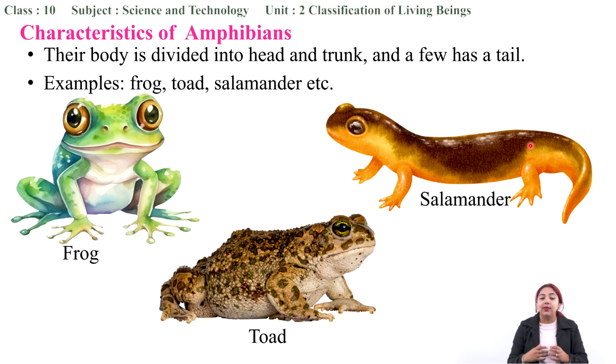Similarly, the newt is an example of another amphibian which looks like a salamander, and it also has a tail. So the body is divisible into head and trunk, and a few of them also have a tail. Now the examples of the amphibians are frog, toad, salamander, newt, etc.